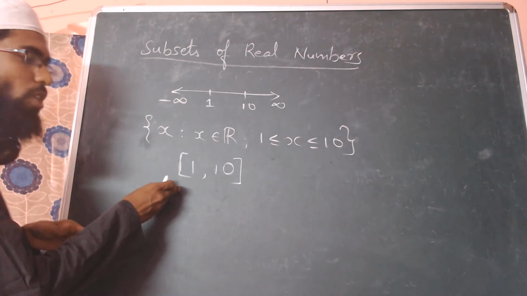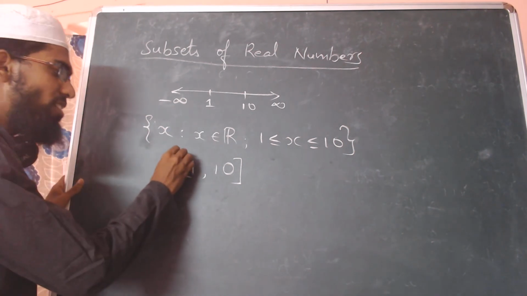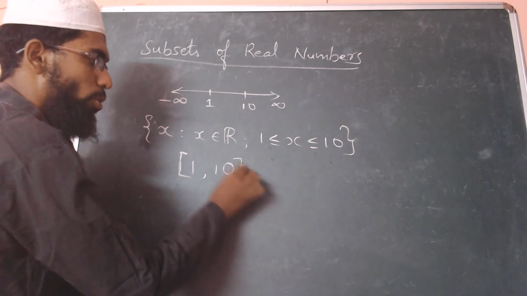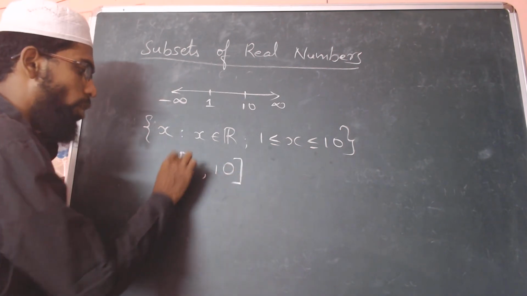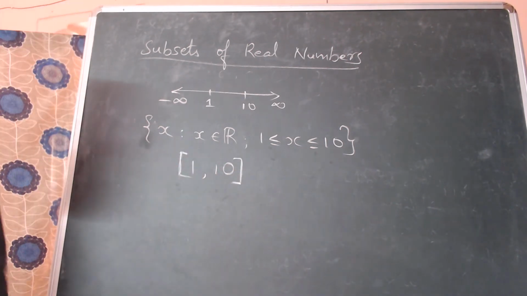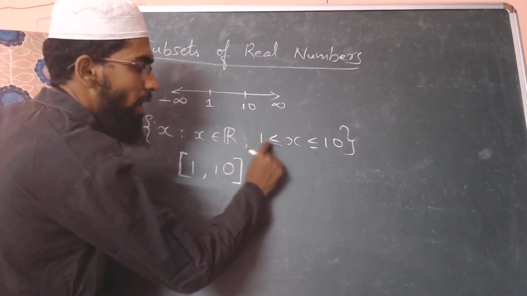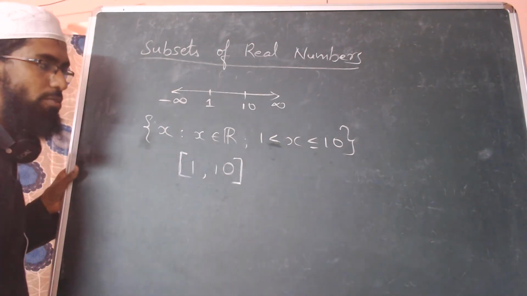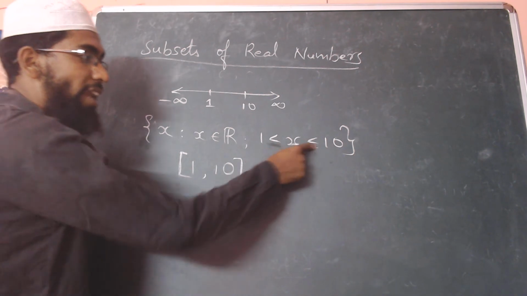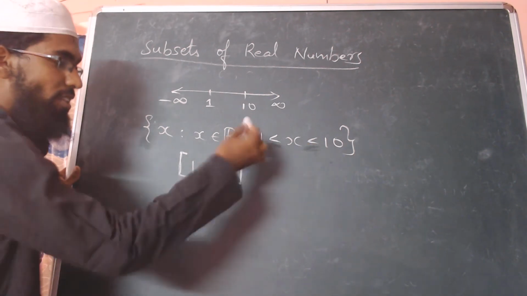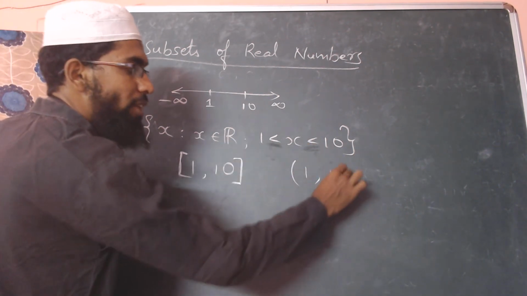This is called a closed interval. Why? Because here 1 is included and 10 is also included, so I'll use square brackets on both sides. If my set is such that 1 is not included and 10 is also not included, I'll use an open interval (1, 10).